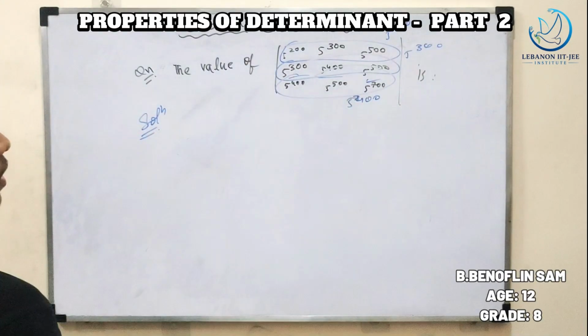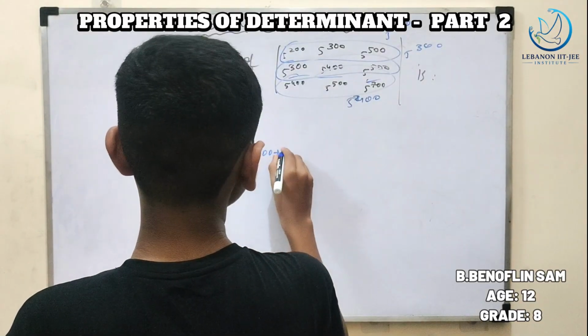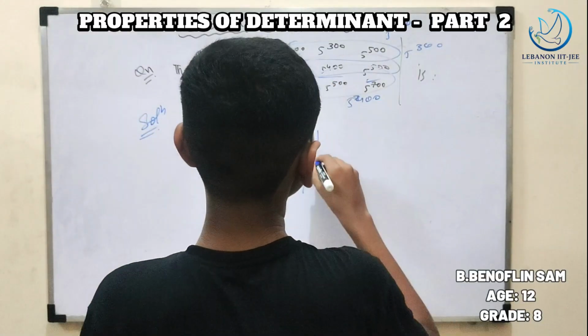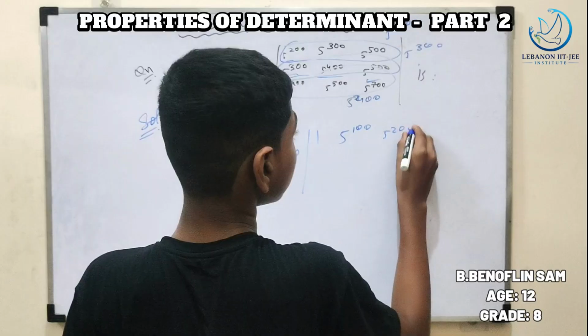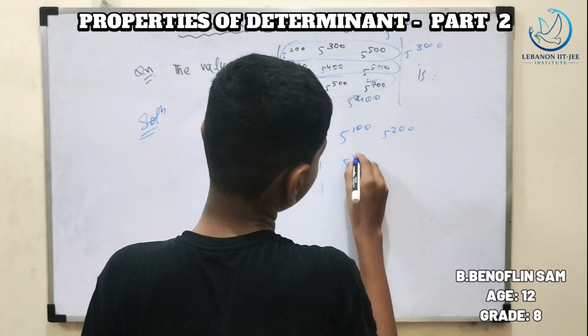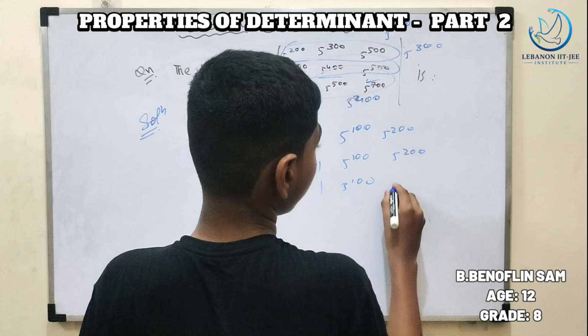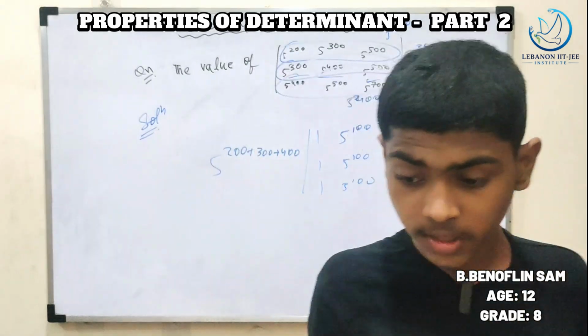So we can take 5 to the power 200 plus 300 plus 400. The determinant is 1, 5 to the power 100, 5 to the power 200; 1, 5 to the power 100, 5 to the power 200 and so on. See, you can see this, right?